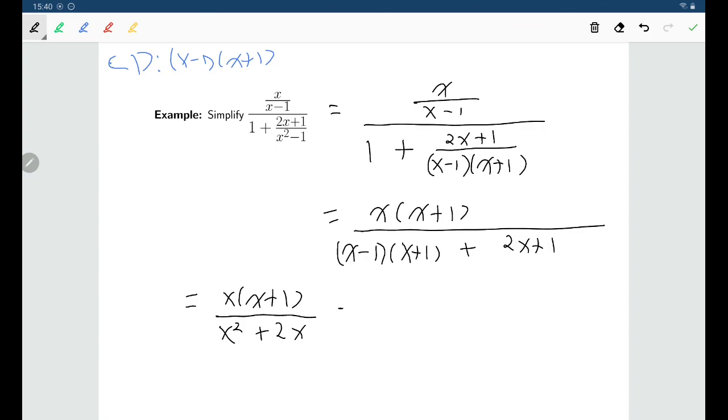And of course I could take a common factor of x out of the bottom. And that the x's would cancel, leaving me with just x plus 1 over x plus 2. And there we go. That's my answer for what is that expression simplified, and that's in simplest terms.